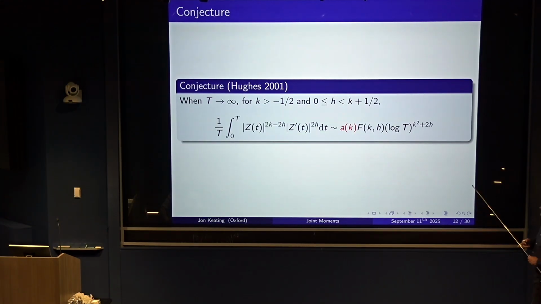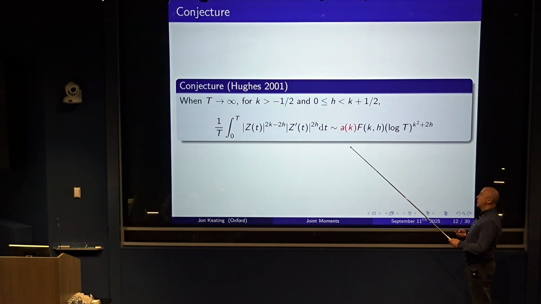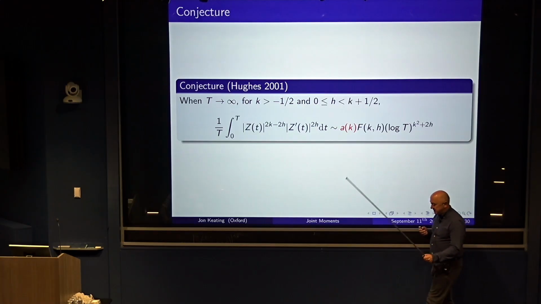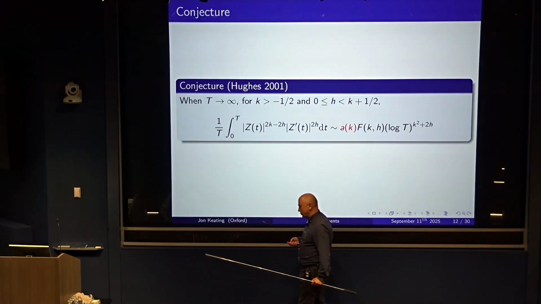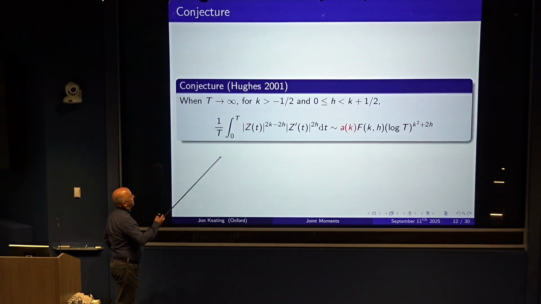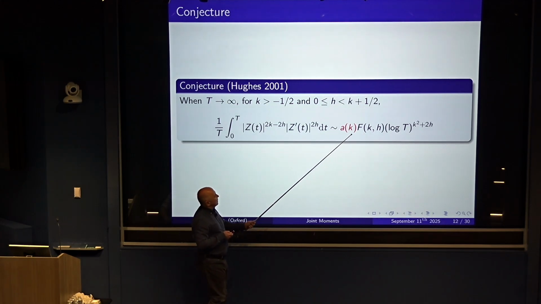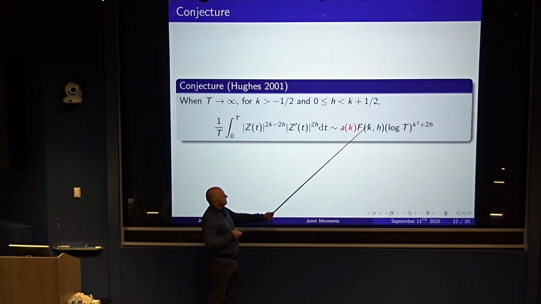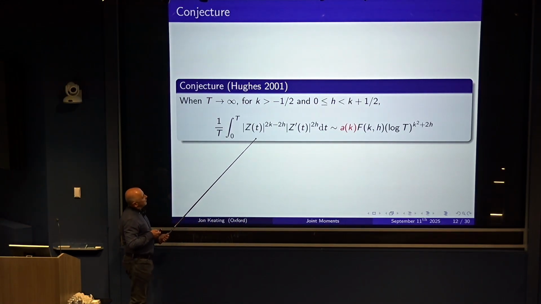Now, why are you interested in this? Why would one want to go through all this work? Well, just as the moments of the characteristic polynomial tell you about the moments of the zeta function, we expect, and Hughes conjectured, that if you could work out what this function f was, that would be the function from random matrix theory that appeared in the asymptotic formula for the joint moments of the Hardy Z function.